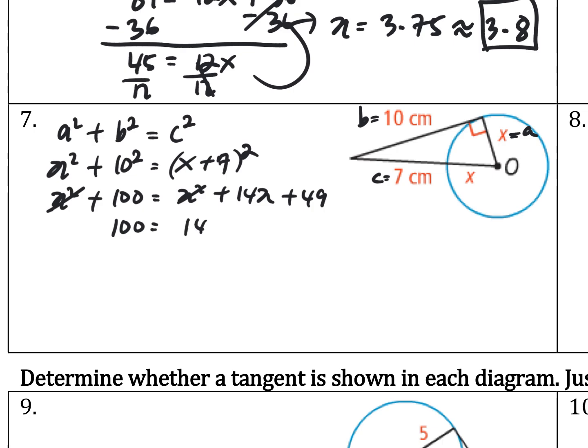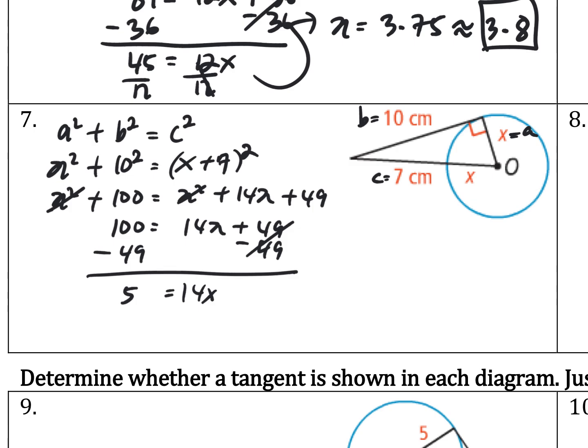What is left is 14x plus 49. Subtract 49 on both sides. That's going to give you 14x is equal to 51, divided by 14 on both sides.